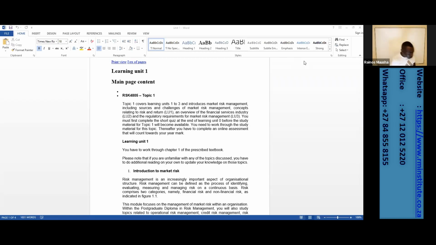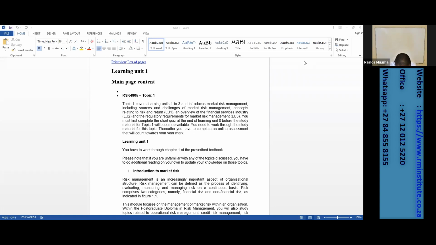If you check in the lecturer study guide for study unit 1, which is covered in topic 1, they say topic 1 covers learning units 1 to 3 and introduces market risk management, including sources and challenges of market risk management, concepts relating to risk and return, and an overview of the financial services industry and the regulatory requirements for market risk management.